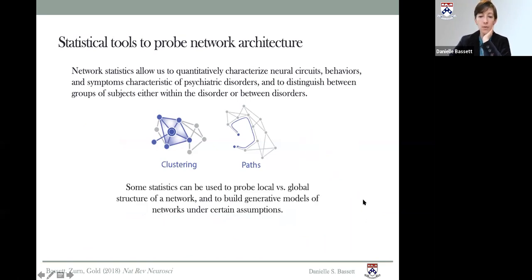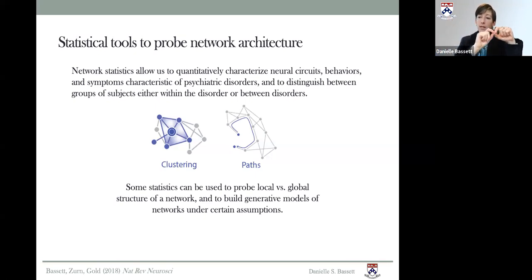And I wanted to focus just briefly on these two that I had shown at the top middle, the clustering coefficient and the path length, because I want to mention that the statistics are not just useful in characterization of network organization, but also in building generative models of networks. So why is it that the brain looks the way it does?